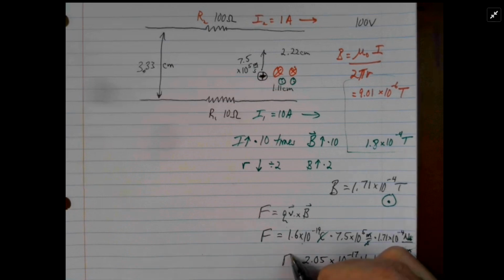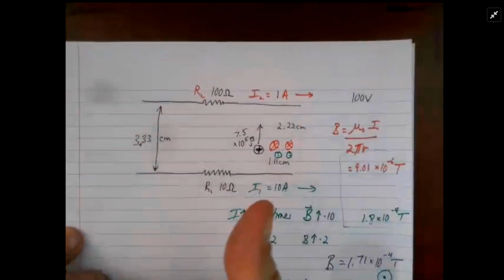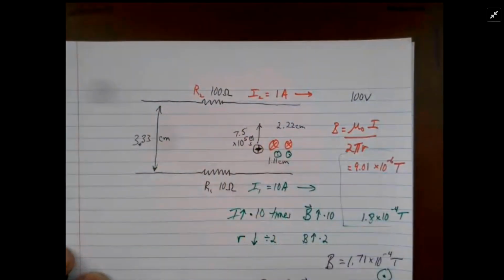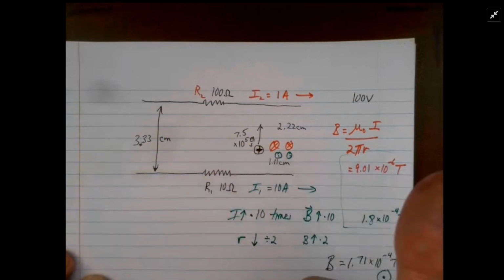Now, for the direction, we have the proton that's going in this direction. I always use my thumb like I'm hitchhiking. I'm going that way. I'm going to turn my fingers in the direction of the magnetic field, which is coming out, and therefore this is going to be pushing to the right.